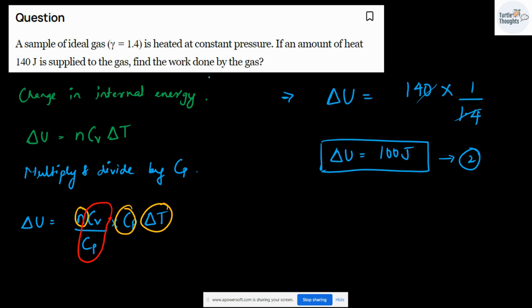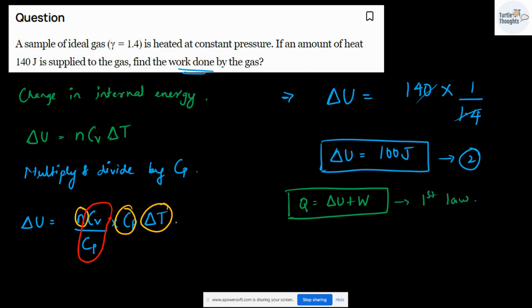Now, what is asked? Work done by the gas is asked. You know from the first law of thermodynamics that Q is equal to delta U plus W. This is your first law.